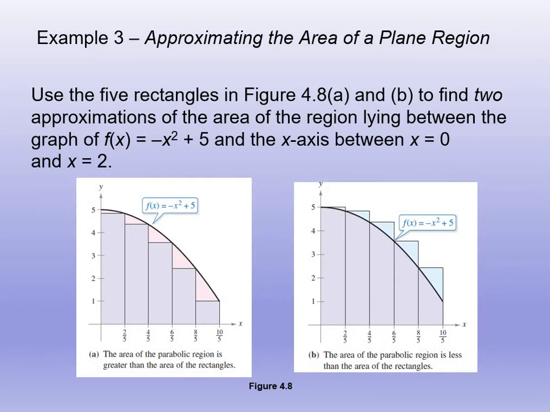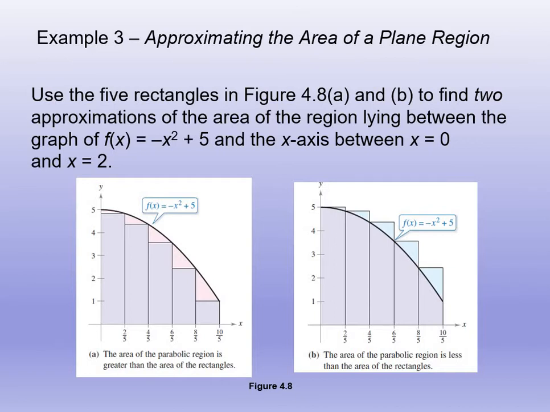We're going to get into this a little bit, but if we notice the figure on the left, what's happening? We're approximating the area of rectangles underneath the curve. So we're going to add up those rectangles, and we're going to get the area that's in blue. Notice that there's some pinkish color there, where there's the top of the rectangle to the curve. That's where our error is because we're not accounting for that area.